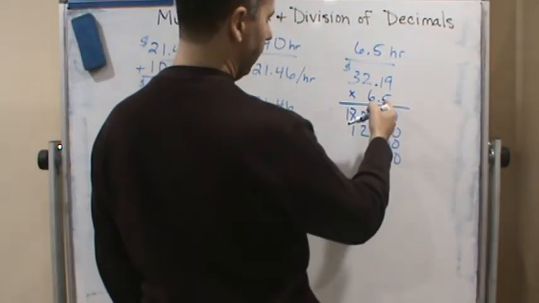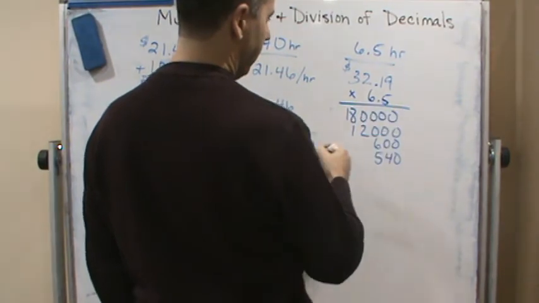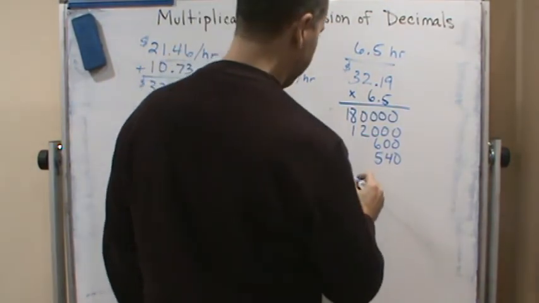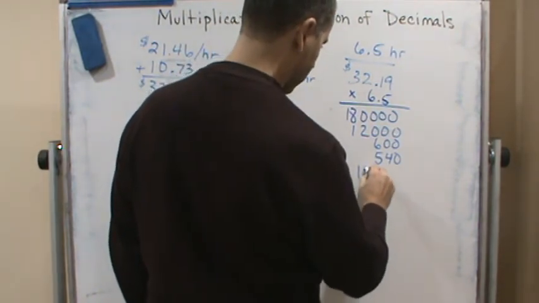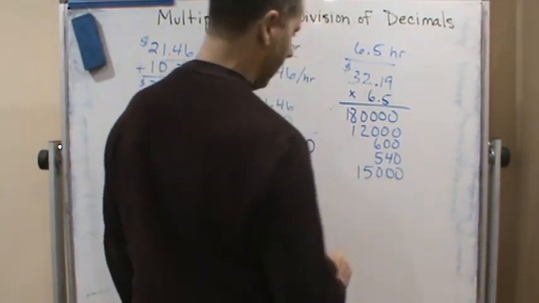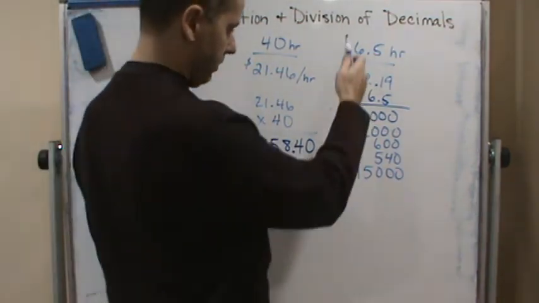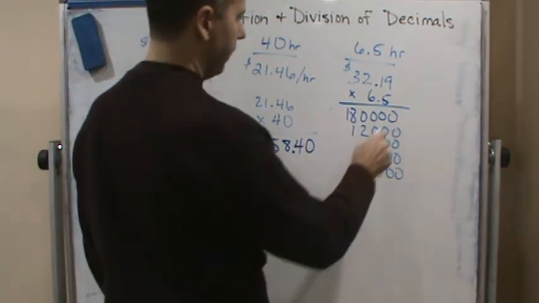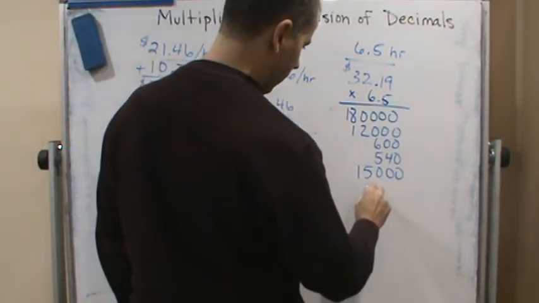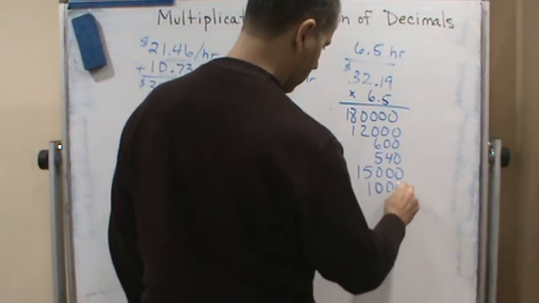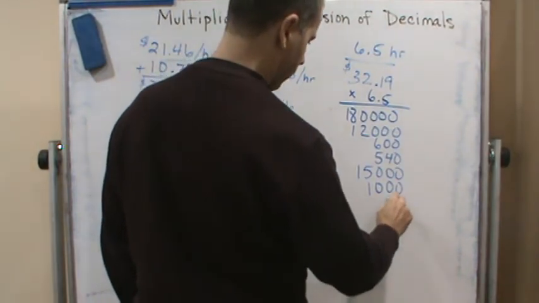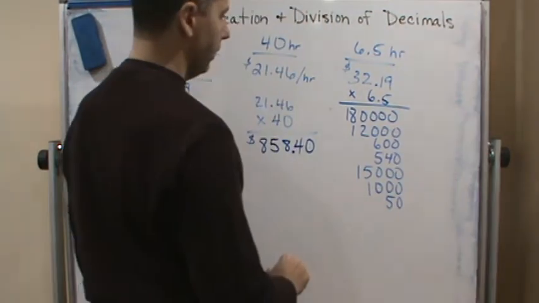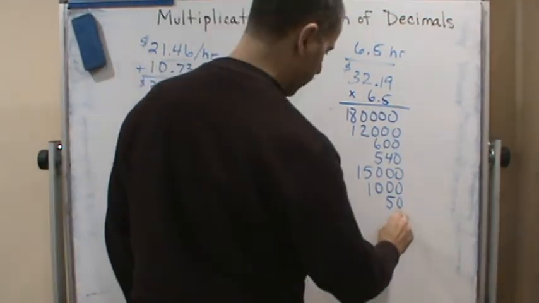Now I'm going to do the 5. So 5 times 3 is 15, followed by 3 zeros. Just making sure I keep things lined up. And then 5 times 2 is 10 with 2 zeros. And then 5 times 1 is 5 with 1 zero. And then 5 times 9 is 45.